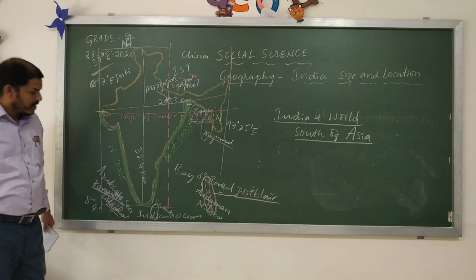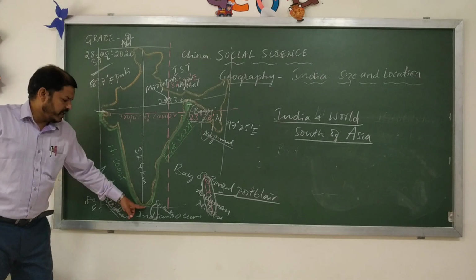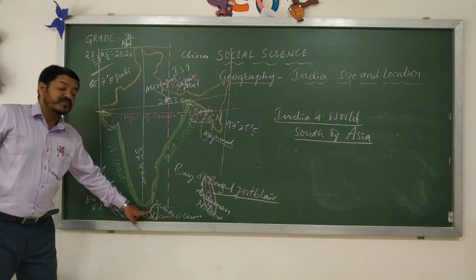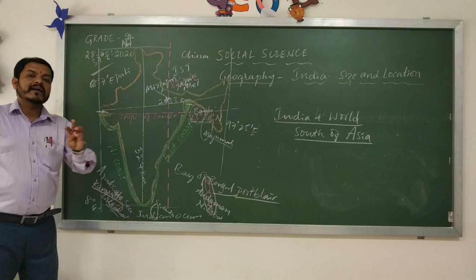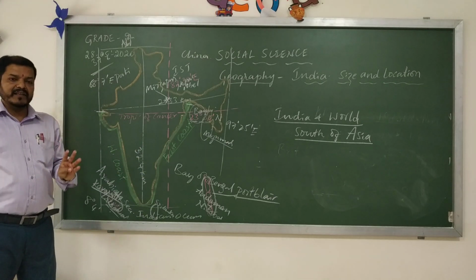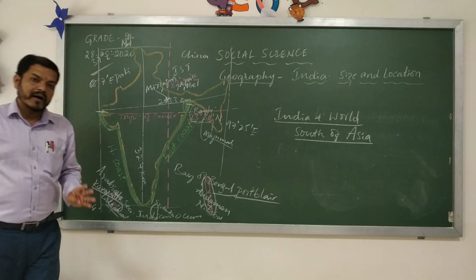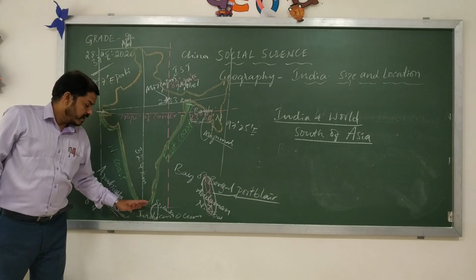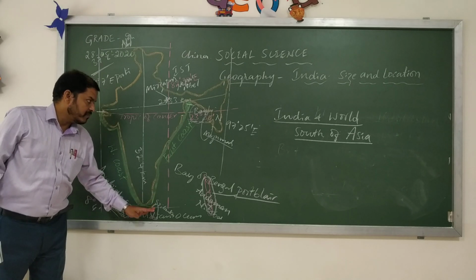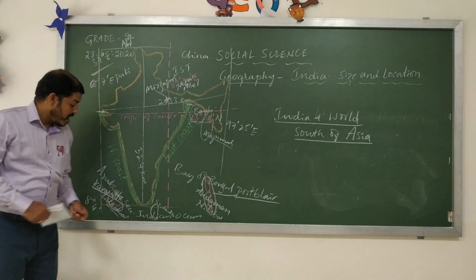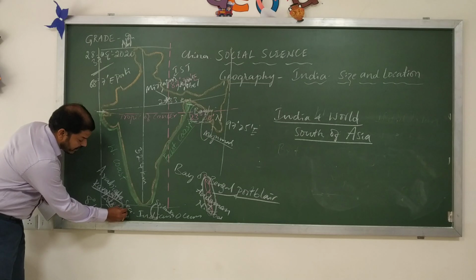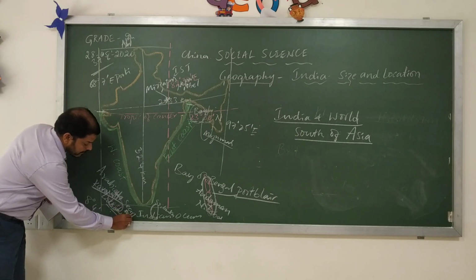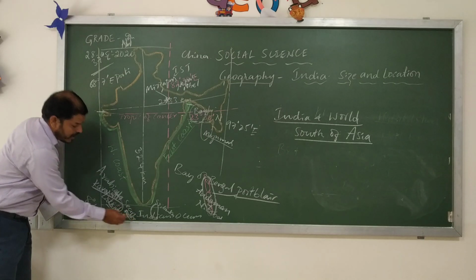And we have Sri Lanka here. There is a line which separates India from Sri Lanka, that is called the Palk Strait. A strait is a narrow strip of water which separates two land masses. Here the Palk Strait separates India from Sri Lanka. And we have a small country here, the Maldives.